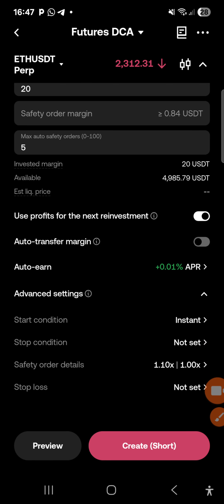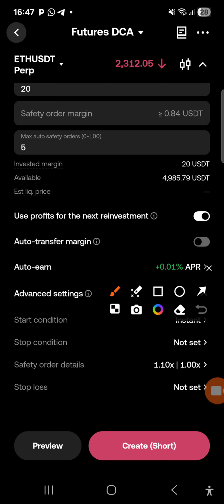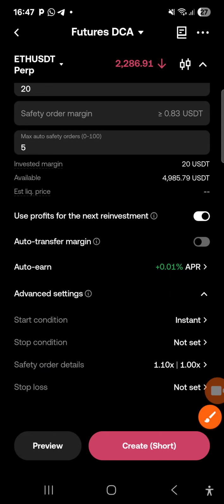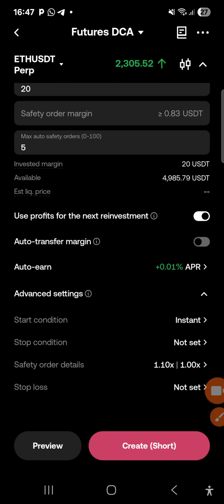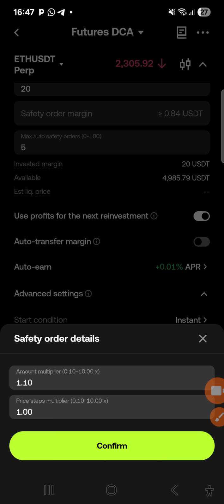Here we have what we call safety orders. Safety orders is a very important thing. As you can see, whichever price drop you have set up there will be determined here.